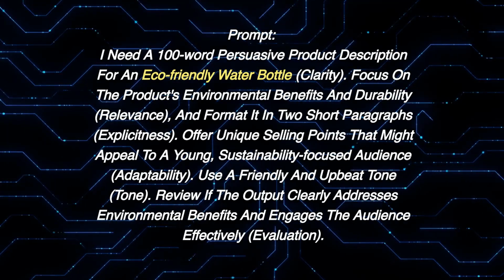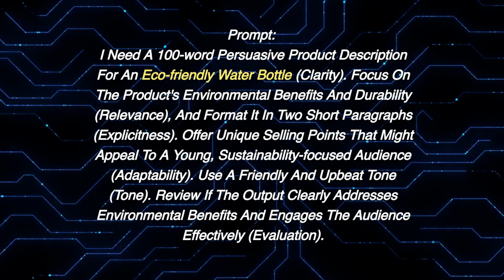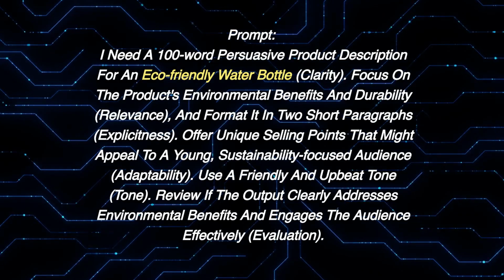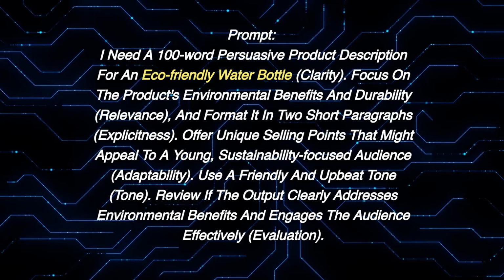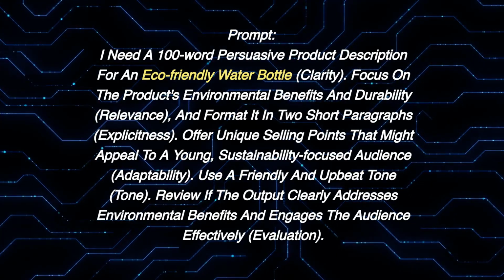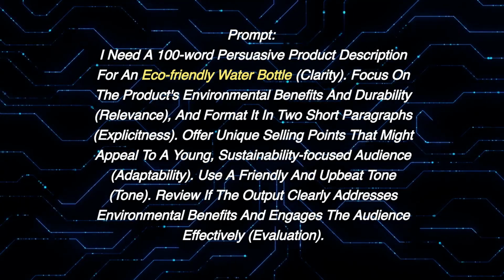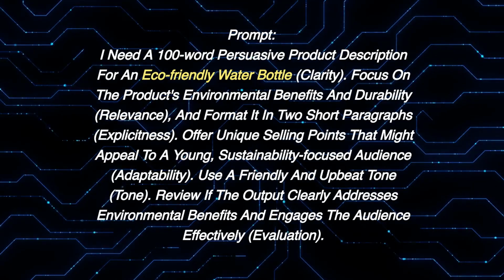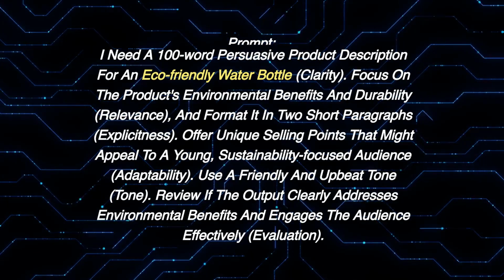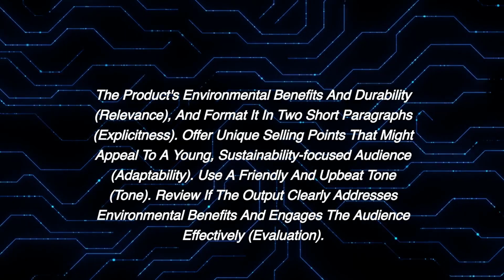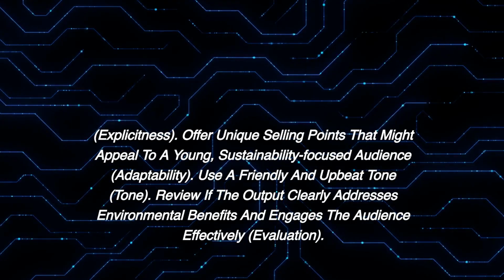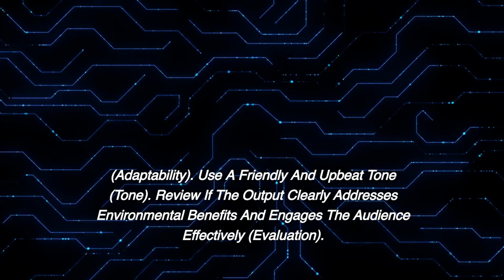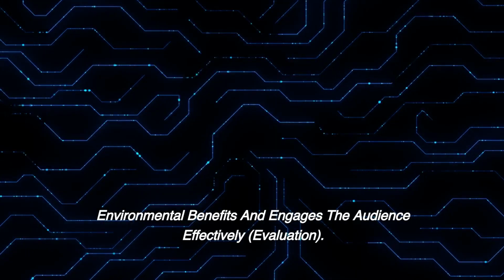Relevance: format it in 2 short paragraphs. Explicitness: offer unique selling points that might appeal to a young, sustainability-focused audience. Adaptability: use a friendly and upbeat tone. Review if the output clearly addresses environmental benefits and engages the audience effectively.